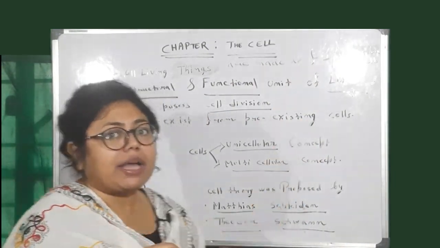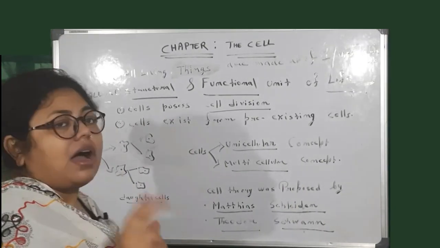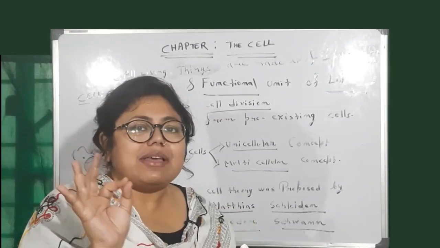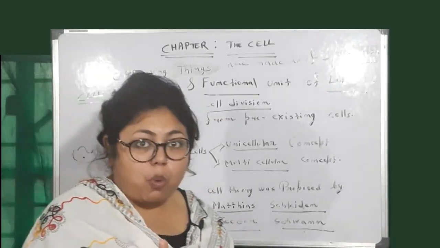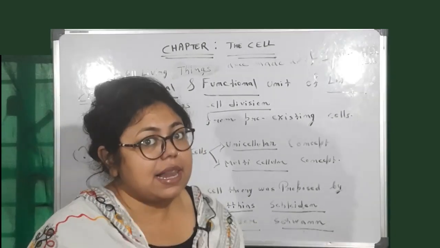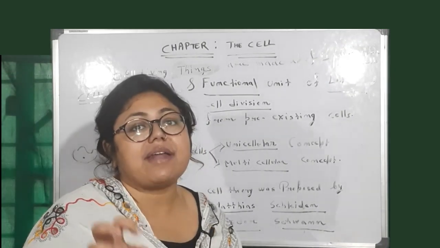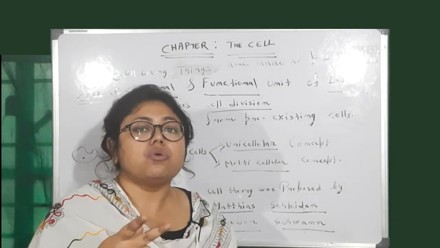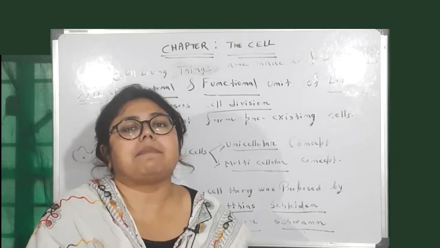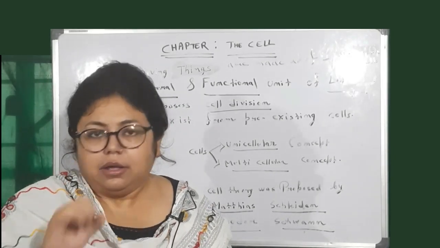So the 2 points to be clubbed out are: all living things are made up of cells, that can be one or more than one cell, and the second point is cells are the structural and functional unit of life. These are the 2 points to be clubbed out in order to define what is a cell.